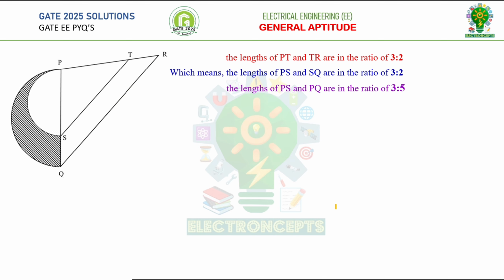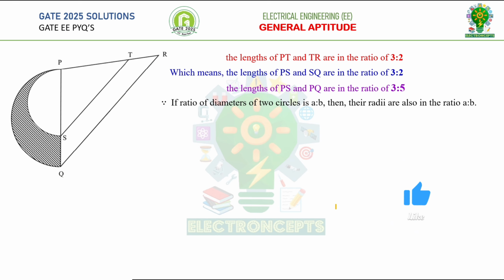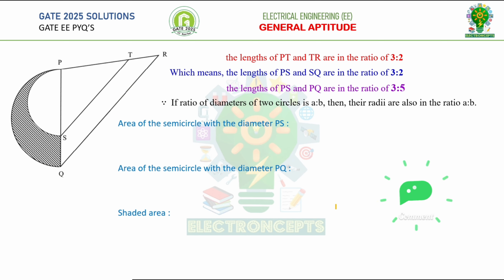We also know that if the ratio of diameters of two circles is A is to B, then their radii must be in the ratio A is to B. Now let's calculate the areas of the semicircles with the diameters PS and PQ, along with the shaded area.